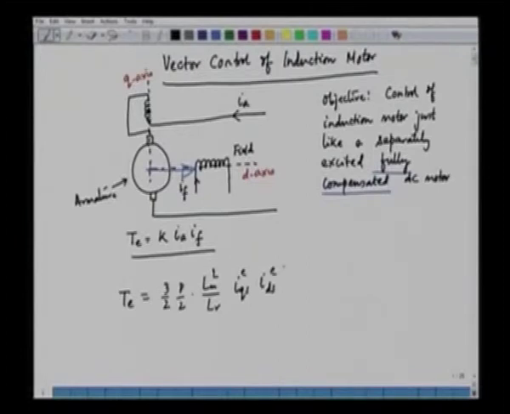So this IQS is comparable to IA, and IDS is something similar to the field winding current. So we have two components of current here, that is IQS and IDS.